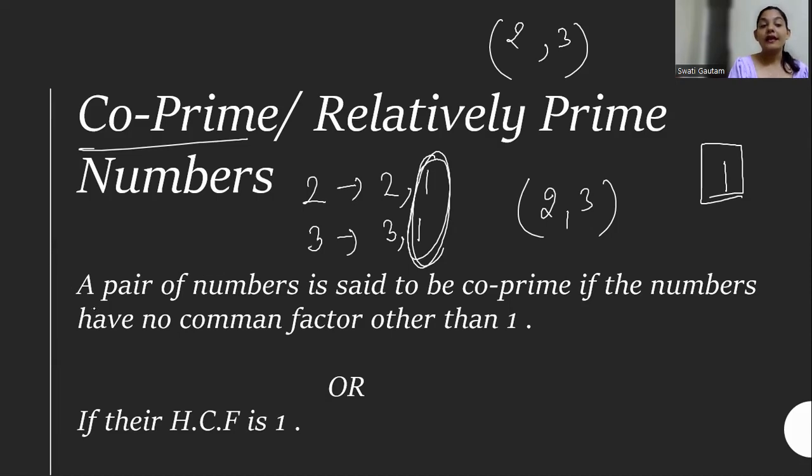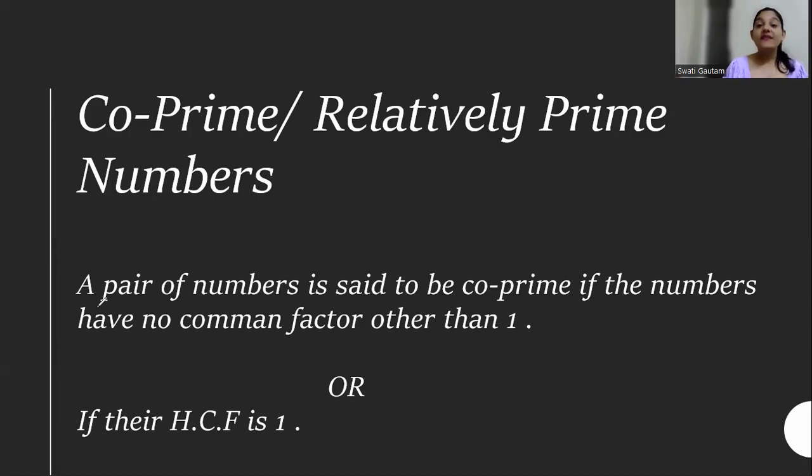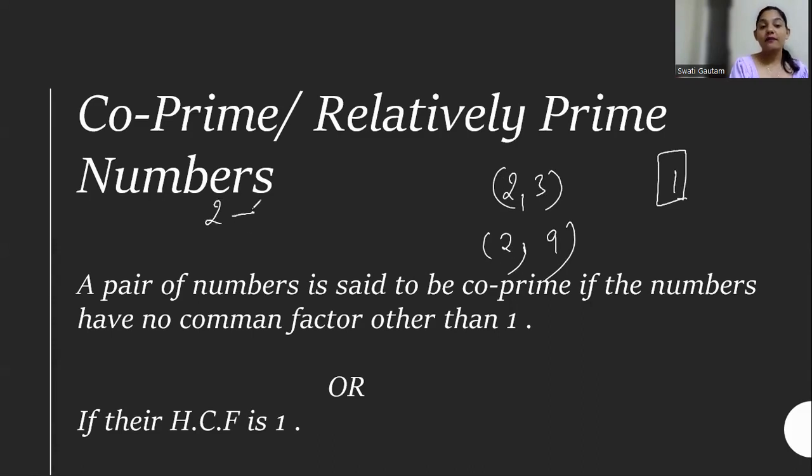Let's take another example. Always remember, in that pair there is a possibility that both are prime, like this, or that one is prime and one is not prime. Suppose I take 2 and 9. 2 has factors 2 and 1, and 9 comes in the table of 3, the table of 1, and the table of 9.